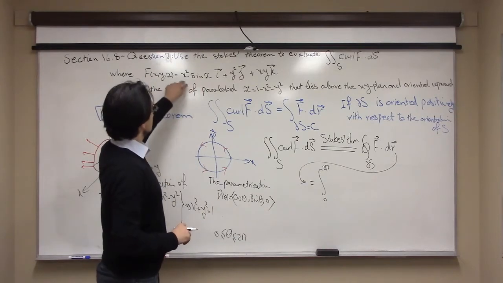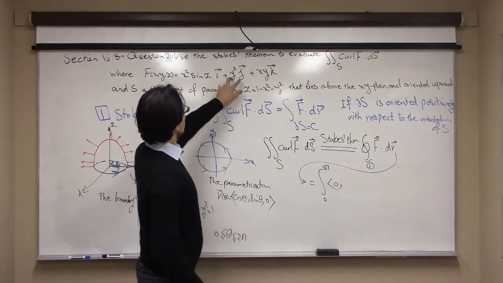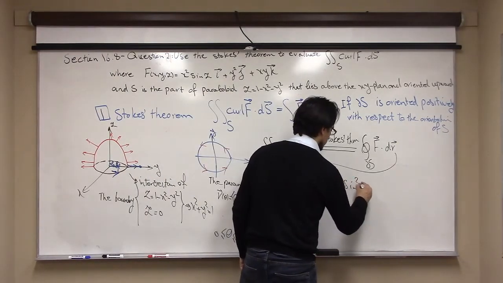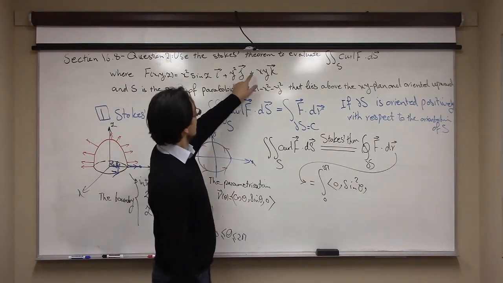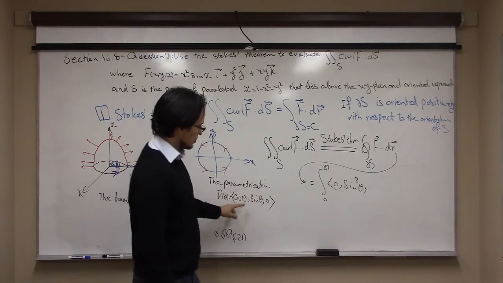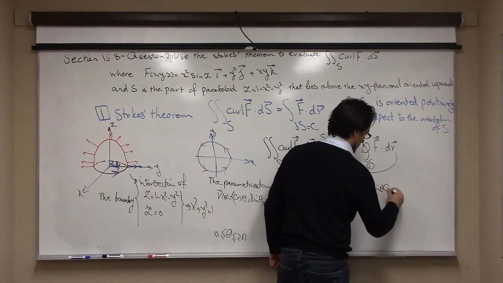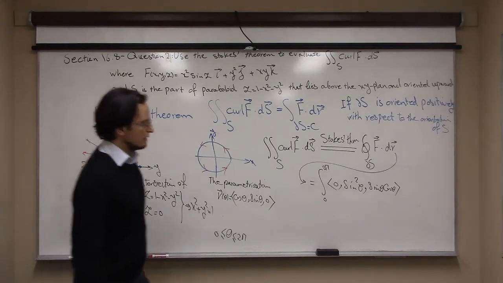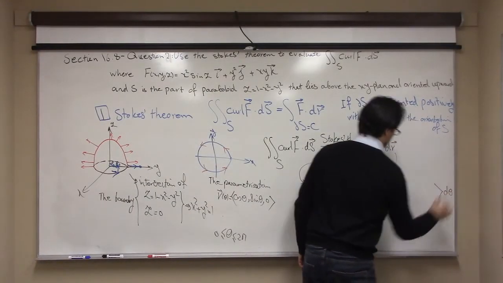If I plug in z equals 0, this will be 0, so that is 0. For y, I plug in sine theta, so sine theta squared. And for z, the third component, I plug in x times y, which is cosine theta sine theta. Okay, then I have to dot product it with r prime.